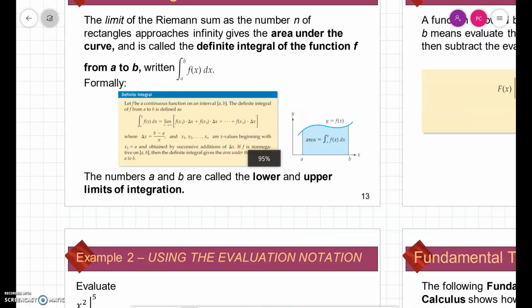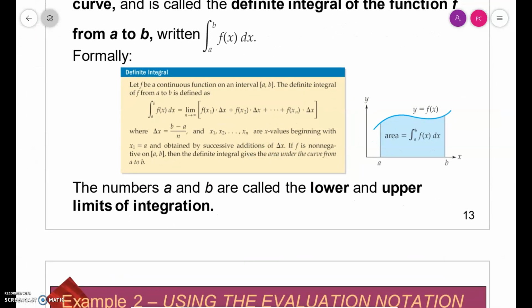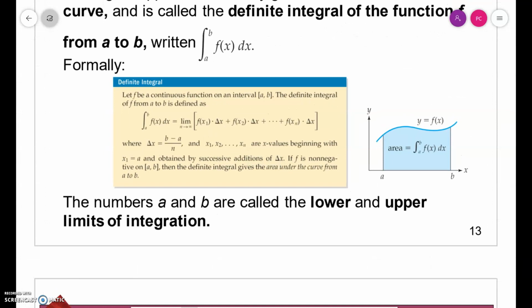I'm going to zoom in right here. So the definition of the definite integral, we read the integral from a to b of f of x dx.